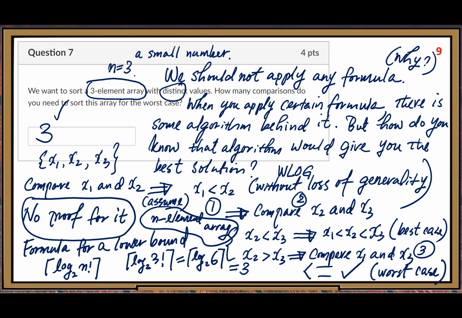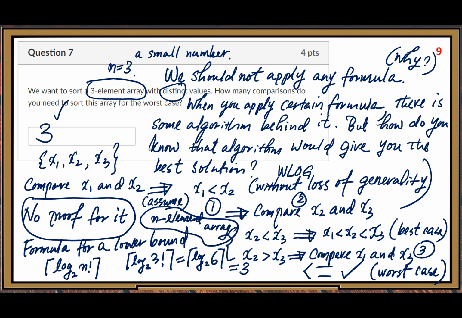But we delayed this question: how do you know this is a lower bound? Because it requires another important piece of knowledge called a decision tree. After I introduce the decision tree method, we can derive this lower bound formula. This lower bound formula covers all the possible sorting algorithms.